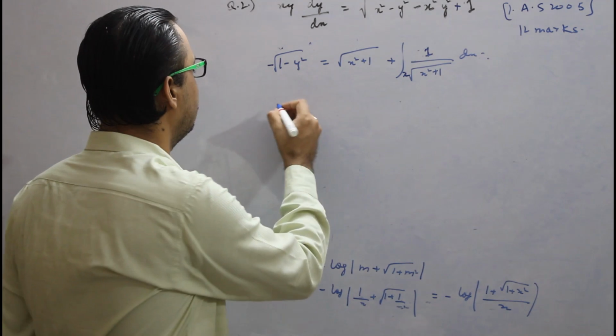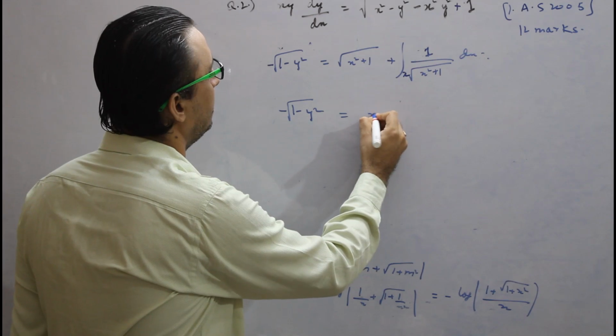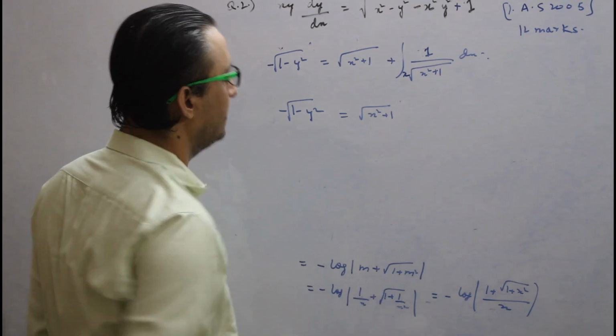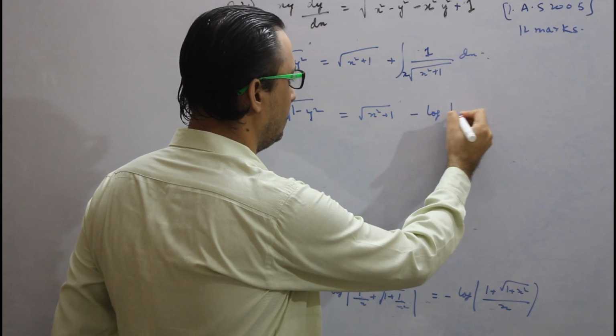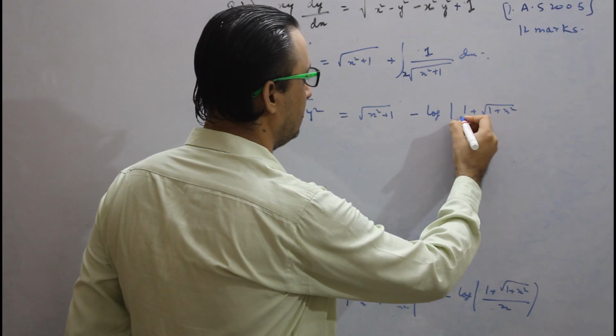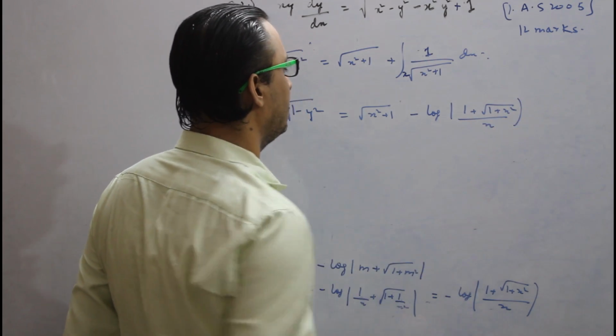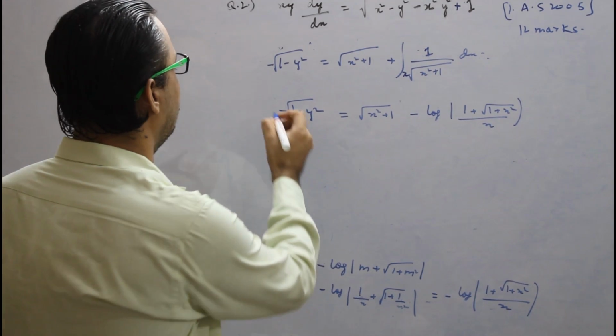So this becomes minus of under root x square plus 1, and in place of this we can write it as log of 1 plus under root 1 plus x square divided by x, and we have forgotten to write the constant.